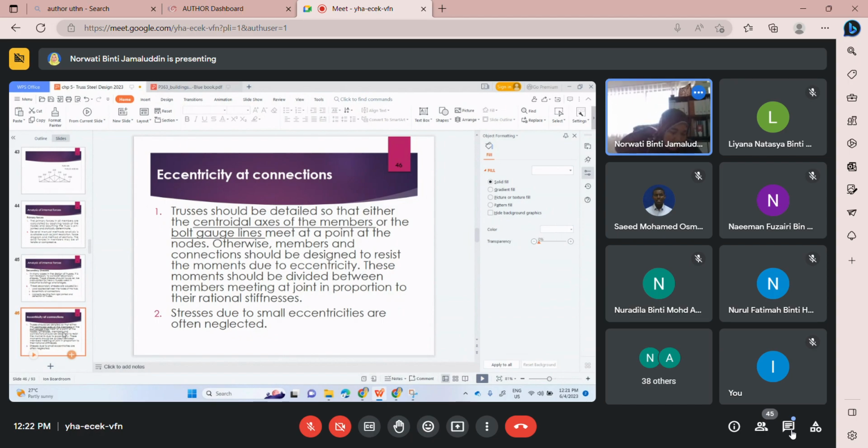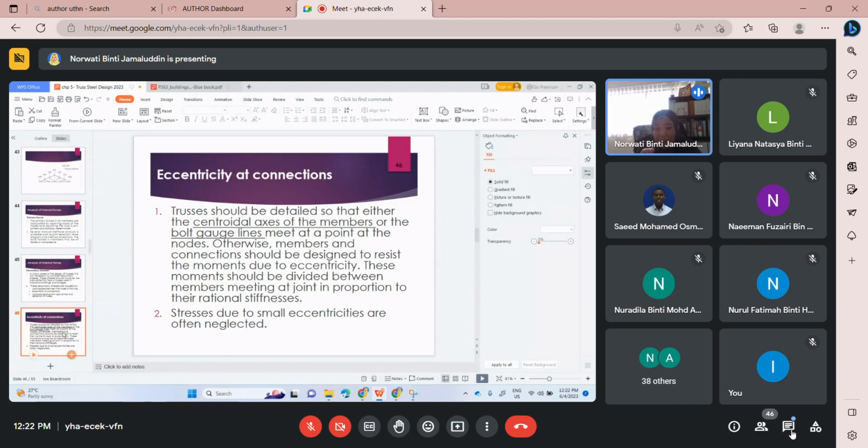Eccentric at connection. The eccentricity exists because of the arrangement of the members at the point of the connection. The eccentricity exists when all the centroidal axes of the members at the joint location don't meet at the same point.